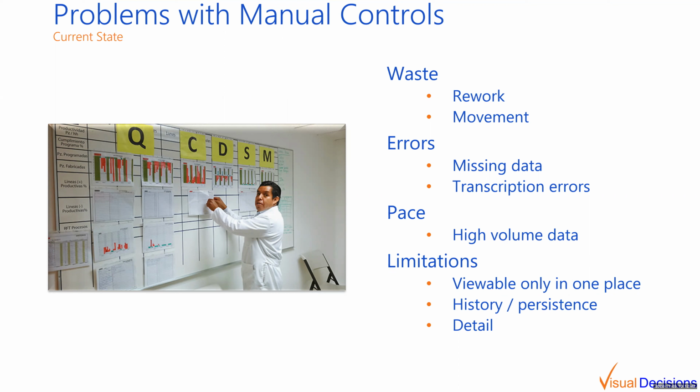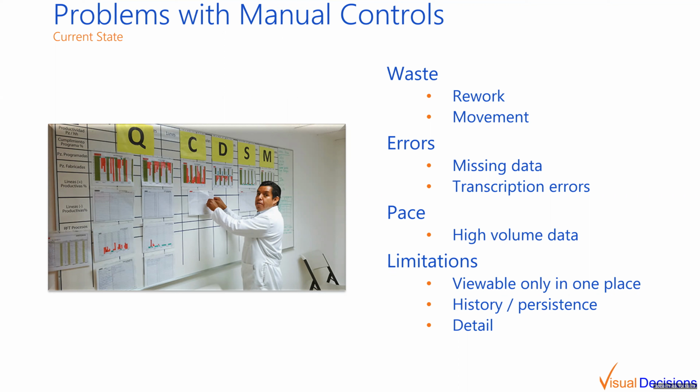Sharing information with other groups such as engineering or maintenance, purchasing, quality, or others is impossible unless they're standing right there too. In order to save or persist the data, it has to be entered into a system anyway. I've worked with customers that had major product recalls that had big gaps in their available information about what happened on the floor when those parts were produced, because the information went on a whiteboard and at the end of the shift, it got erased.